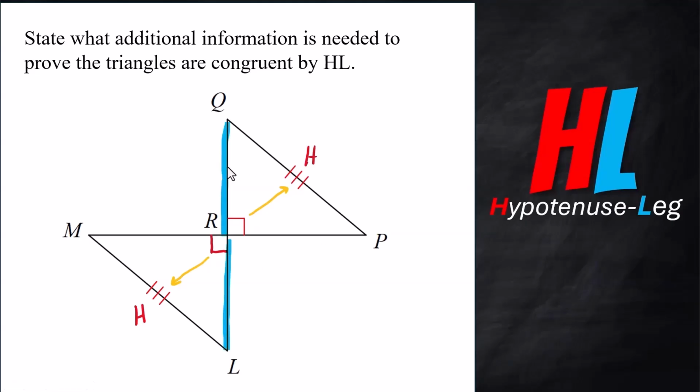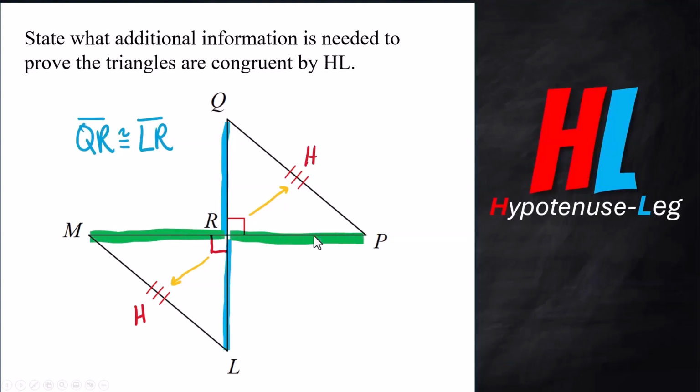That sounded weird when I said it. All right, I either need QR to be congruent to LR, but you could also use this answer and go for those legs and say that PR is congruent to MR. So 2 answers for this one.